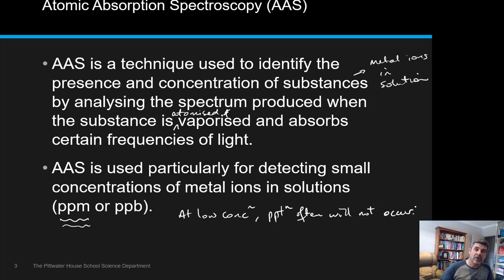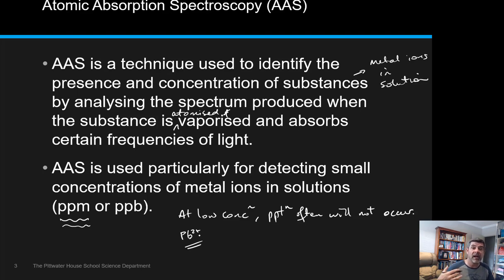So if we have a very low concentration of particular ions, and this is especially true for something, say, like lead ions, we know that lead in very low concentrations can still cause significant health effects to humans. And we know that we can precipitate lead chloride, for example, to identify the lead. The problem that we have, of course, is that the concentrations that we need in order to form a precipitate can sometimes be higher or much higher than the safe levels.